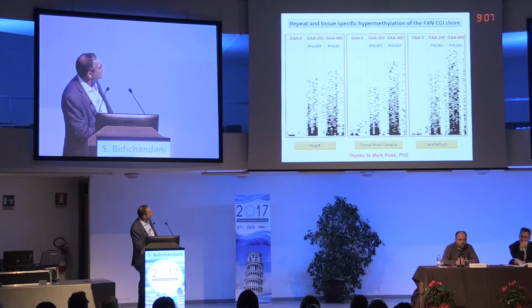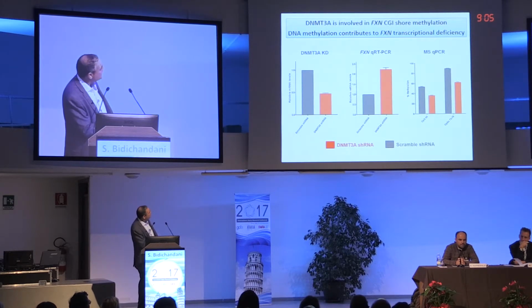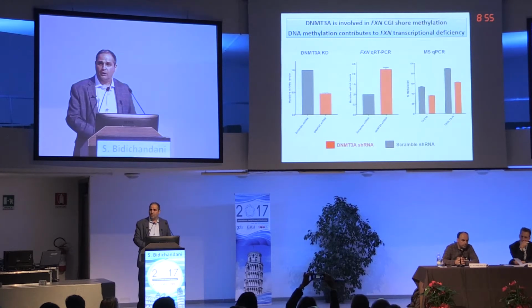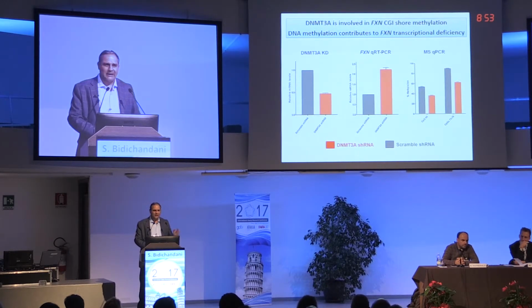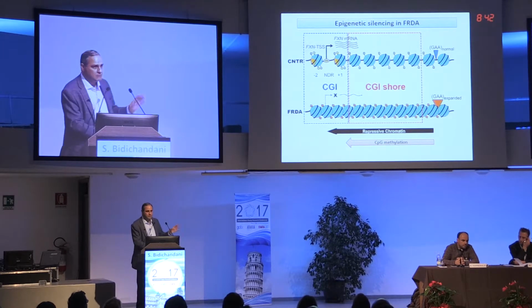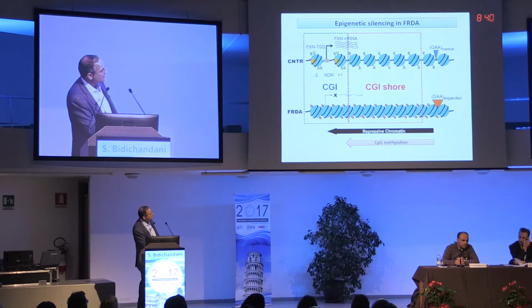Now, is this functionally relevant? Obviously, that's the question, right? So what I'm showing you here is a knockdown of DNA methyltransferase 3A, which causes frataxin to go up, and it's correlated with methylation within the shore going down. Now, let's think about this, okay? So we are saying that here's the euchromatin version of the frataxin gene with the promoter functioning fine, and all of this stuff doesn't have any of the repressive chromatin or the DNA methylation.